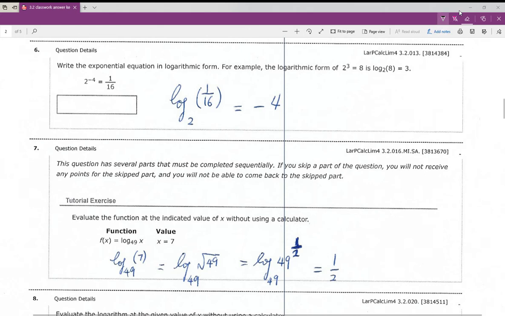So we would like to have the same base. If you have the same base, then you can use the formula. These two cancel out. So your answer is 1/2.